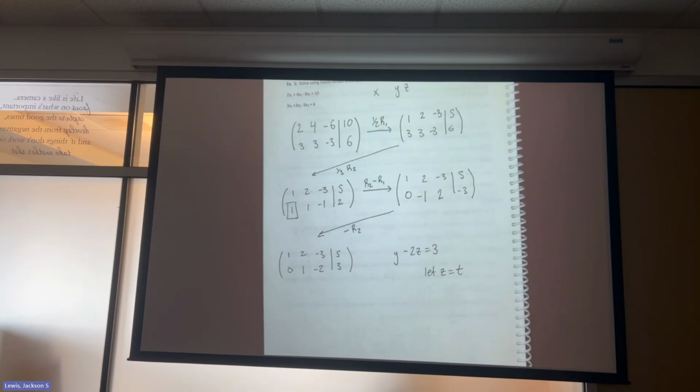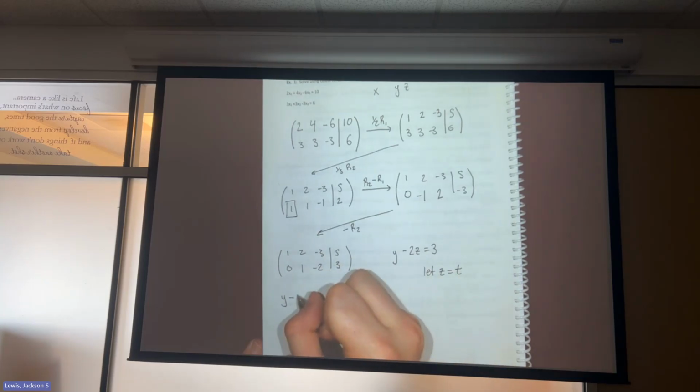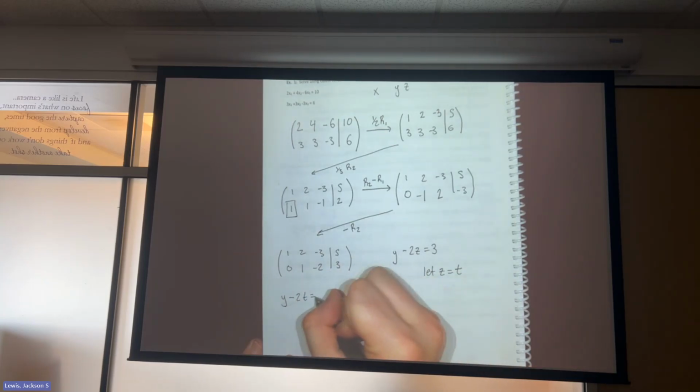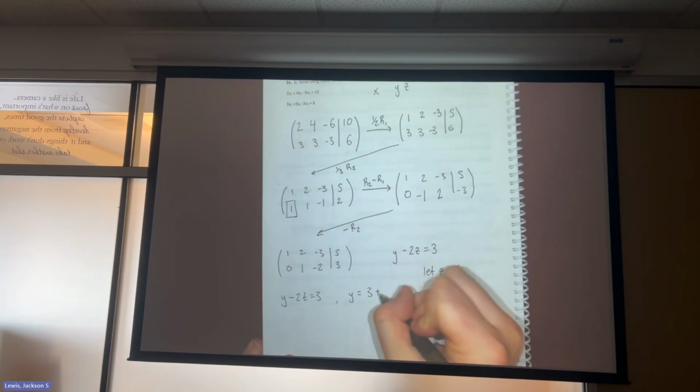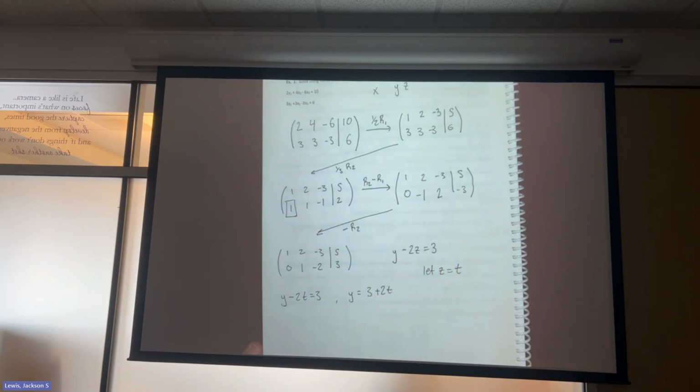I'm going to let z be my parameter. Almost always when you're doing systems like this, you just let your last variable be your parameter. So here z is going to be my parameter. So then I rewrite this as y minus 2t equals 3, or y equals 3 plus 2t.